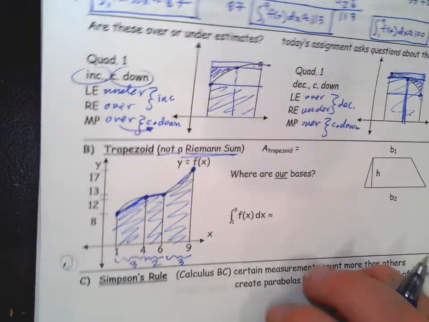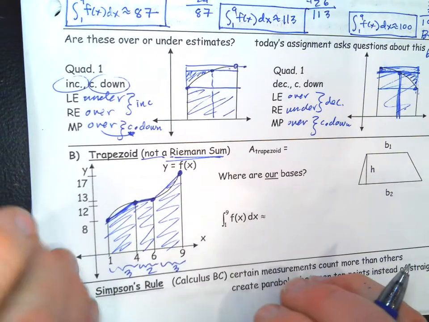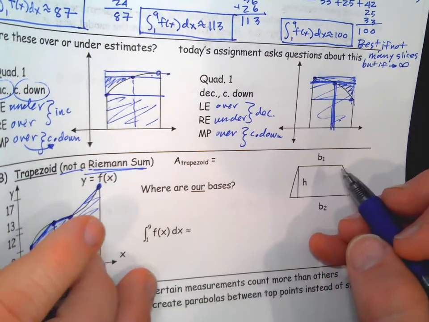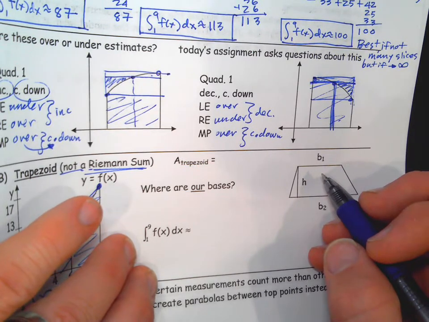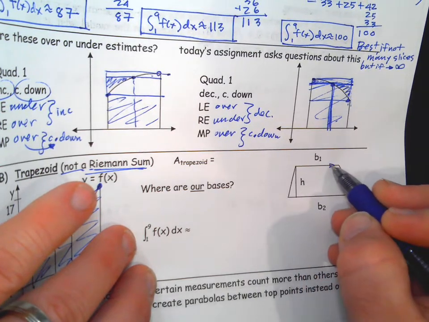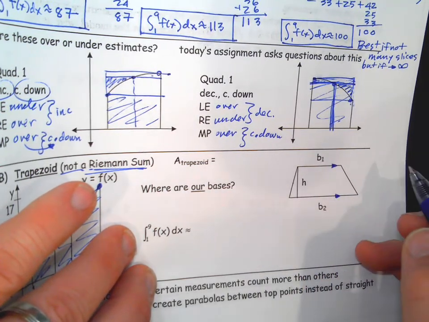Now, let's review. What is the area of a trapezoid? I think we reviewed this recently. I wouldn't try and memorize the formula the way you learned it back in Algebra 1 or Algebra 2 or geometry. To me, a trapezoid has one pair of parallel sides, exactly, right?